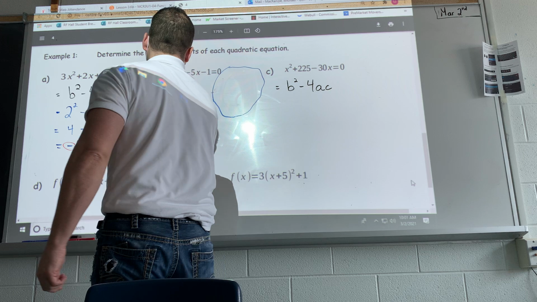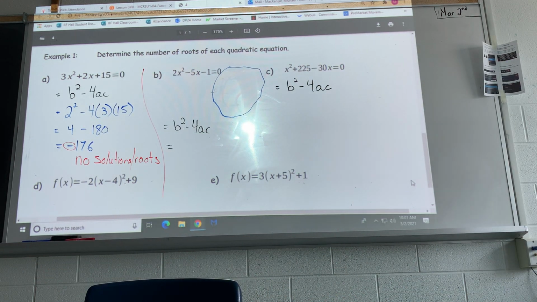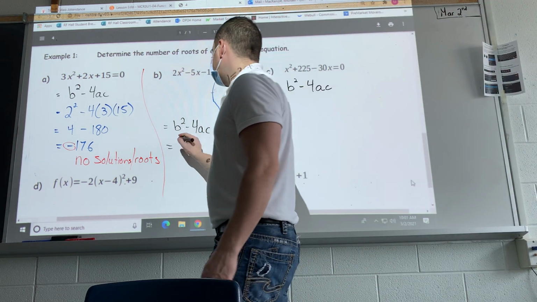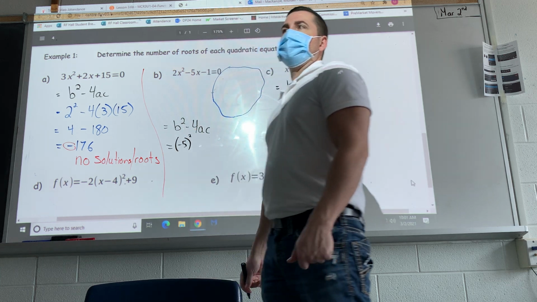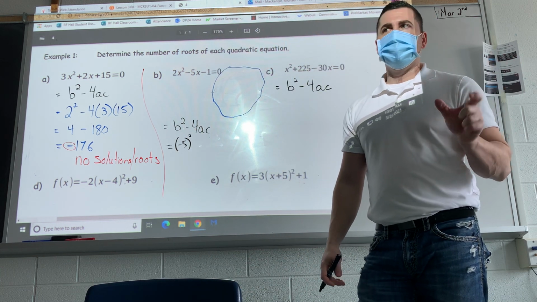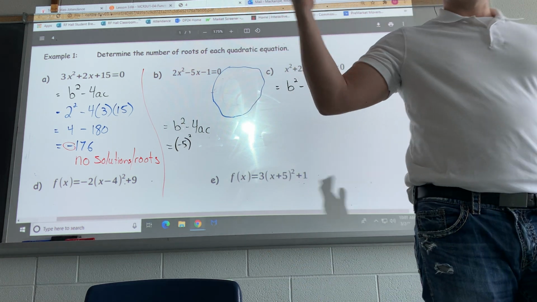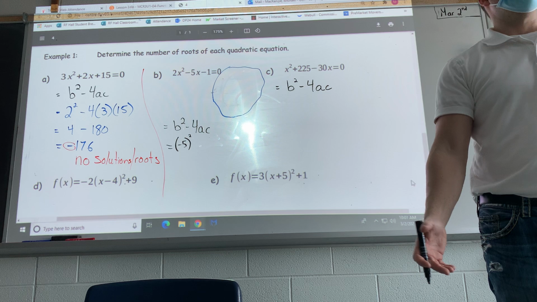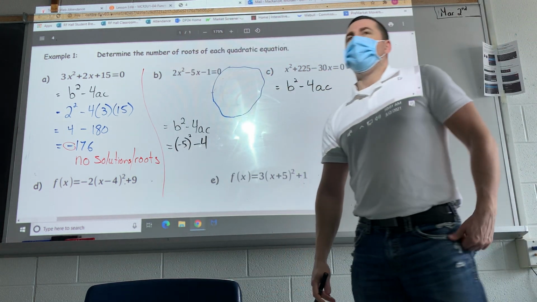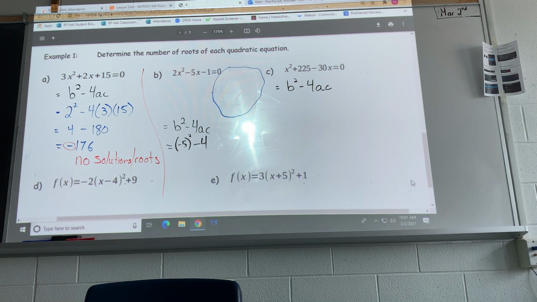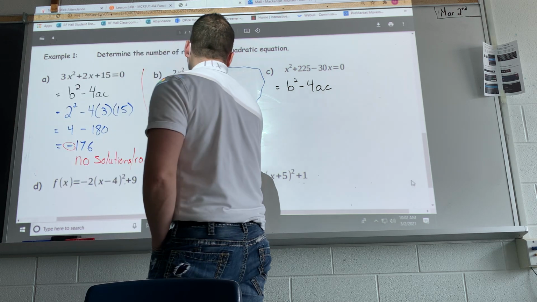Okay, next one. What is my b value? -5. Just be careful when you do this one. Put the -5 in the bracket and then square it, because with some calculators, if you just plug in -5 squared, sometimes you get a negative answer, but if you square a negative number, it should come up positive. Okay, a value? 2.